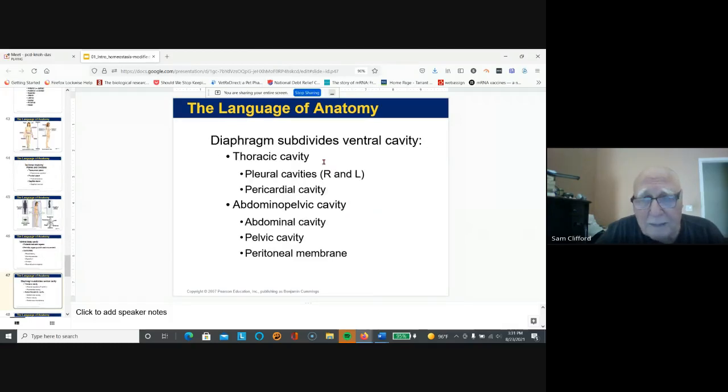The diaphragm separates the chest from the abdominal pelvic cavity. There's two lung cavities, two pericardial cavities. The abdominal pelvic obviously has the abdominal and the pelvic cavities, and this peritoneal membrane which lines the cavity.